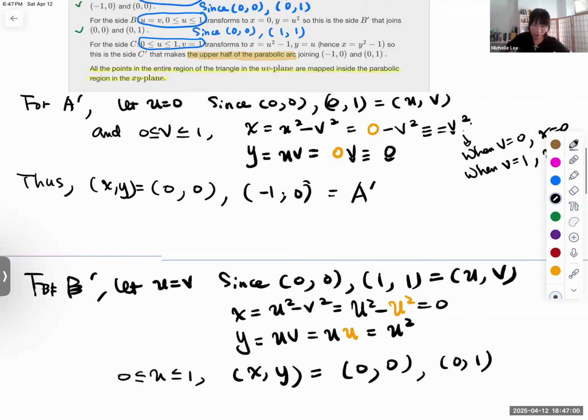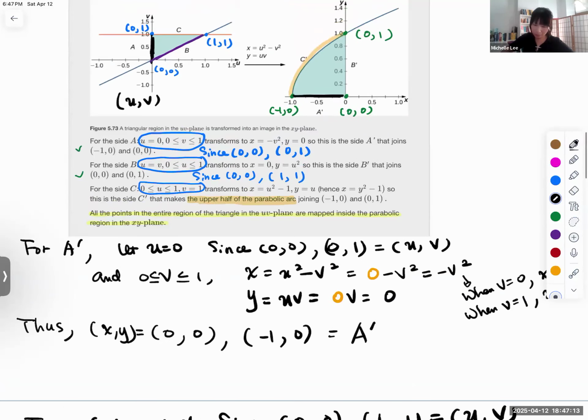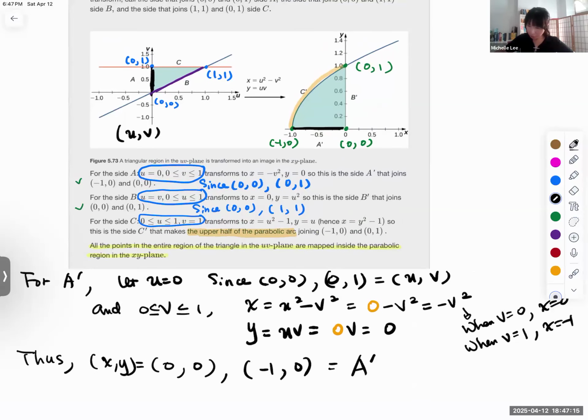So that's how they got here, 0, 0 and 0, 1. So there will be B prime. Where's B prime? B prime is here. Purple, let me use purple. All right, so we have 0, 0, 0, 1 there, right?